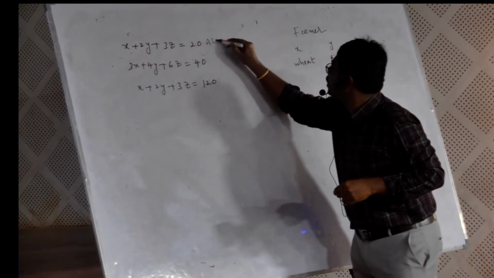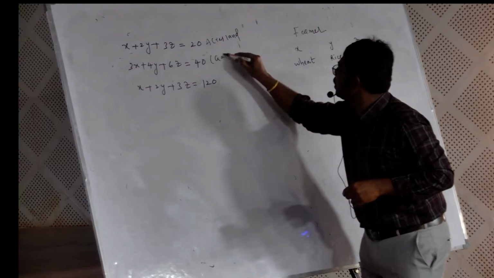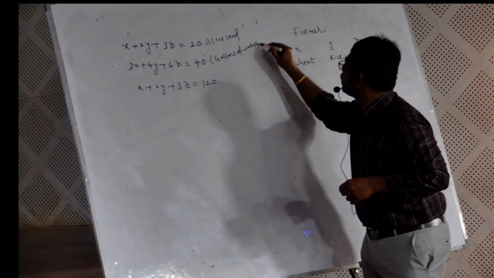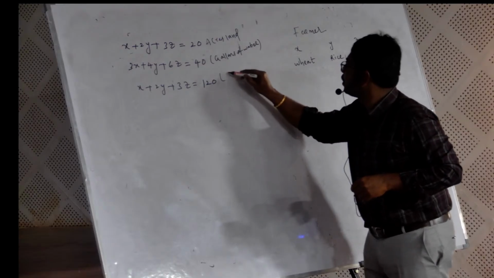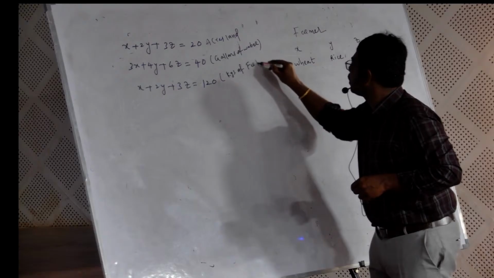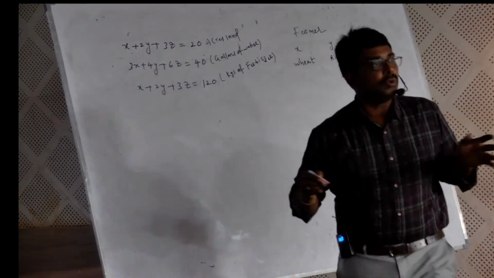He is having 120. Fertilizer in the sense urea or ammonia. The farmer has developed a model.